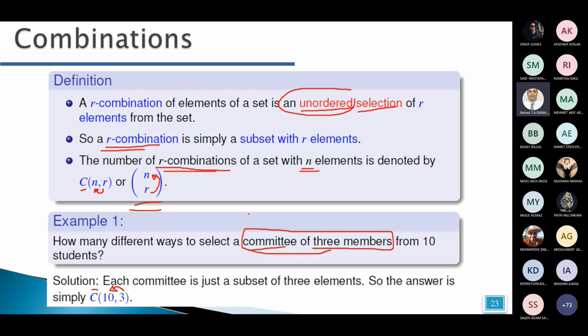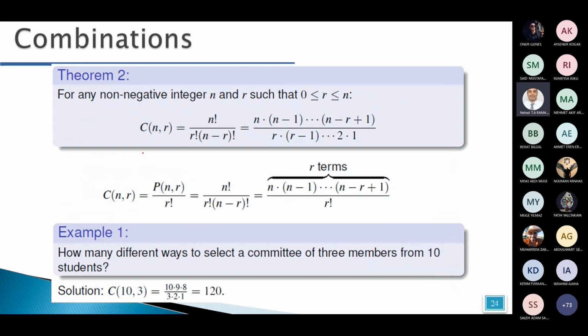How to solve the combination? This is the general rule. If we need to select R out of N as a combination, the combination is actually N factorial divided by R factorial multiplied by N minus R factorial.